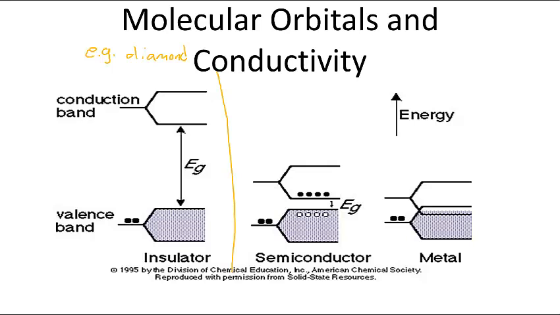But the key is all the bonding orbitals end up really low in energy. So this down here, what gets called the valence band, these are the bonding molecular orbitals. And then the anti-bonding orbitals, which are empty, end up here.